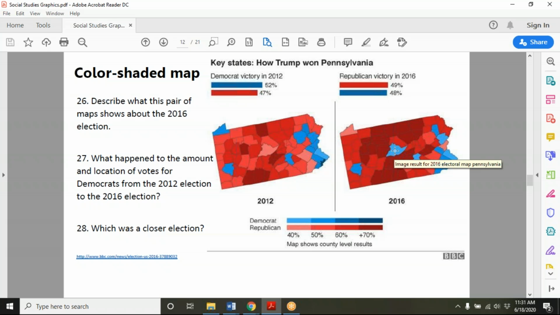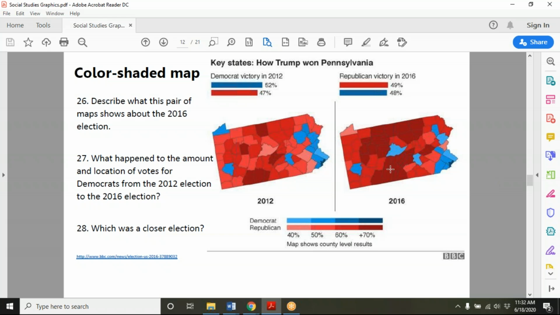College towns tend to vote more Democratic. So there's actually a little bit more blue there in 2016 than 2012. But yeah, the Republican votes were cast in the middle of the state, because Nadia is right. In the middle of the state, look at all the dark red.